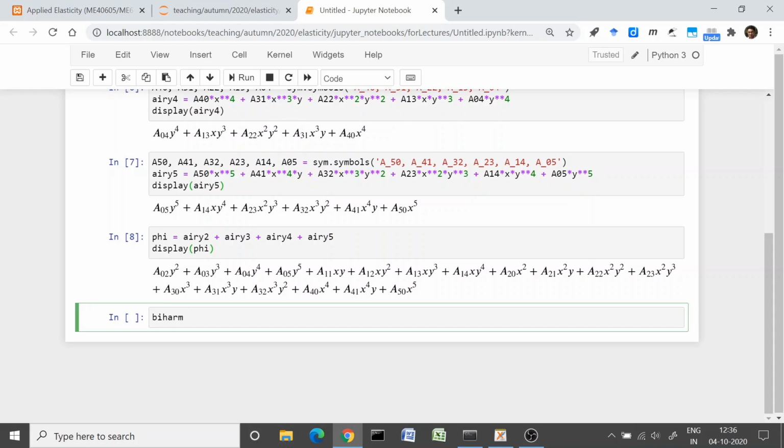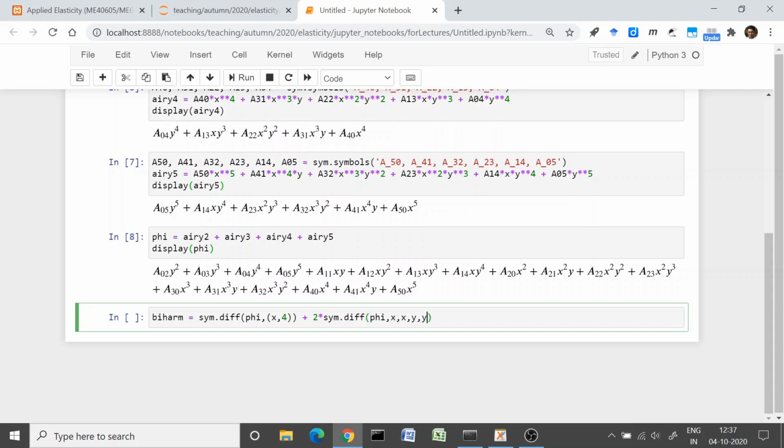Let's call this the biharm. We'll not define a separate function, unlike the introductory thing. We'll just write this down as an expression. So sim.diff phi x4 plus twice into sim.diff phi x, x, y, y.